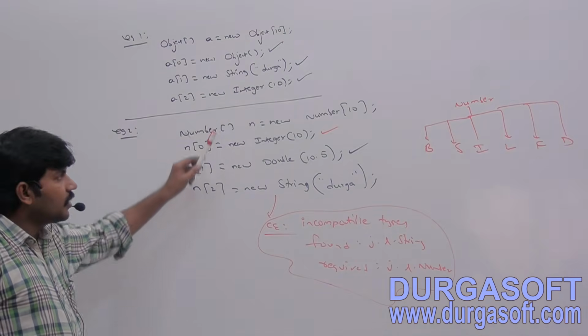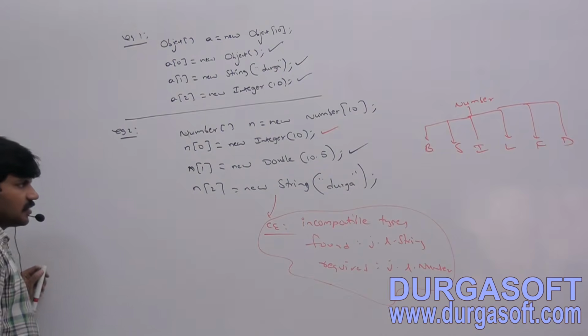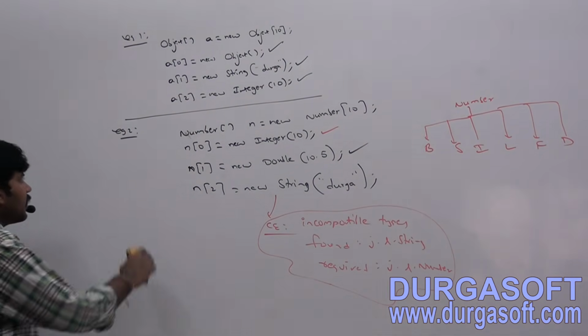Any explanation required now? Okay, that's all. This is case 2, object type arrays. Now let's move to case 3.